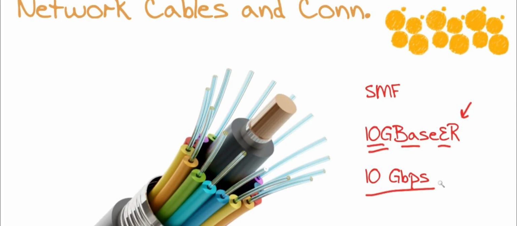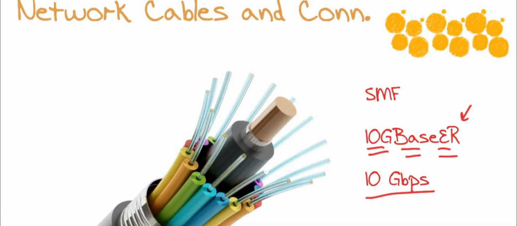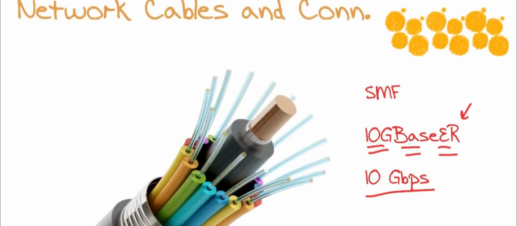So lightning fast, no pun intended. It's baseband technology, and the ER stands for the particular specification that we're dealing with. So we have this 10 gig possible speed. How far can this go? 40 kilometers. That's about 24 miles we can run this particular technology.